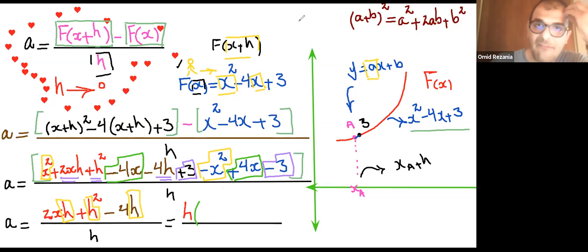What am I going to have when I remove h from 2xh? I'm going to have 2x, because I factored h, which was similar in the term. It means that if you multiply h inside the parentheses, you get 2xh, plus the second term. Look, you're moving in that direction. The second term has h squared.